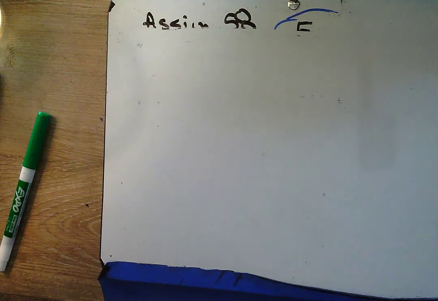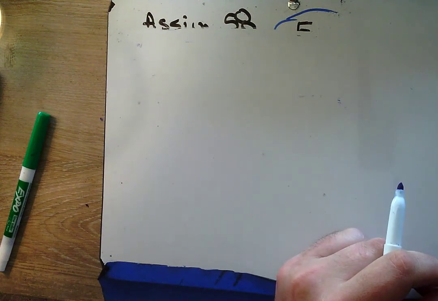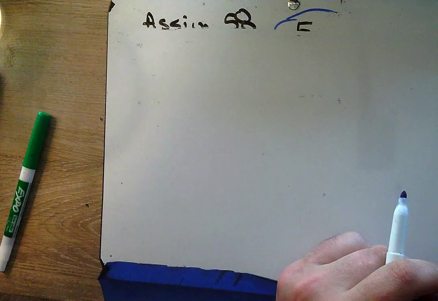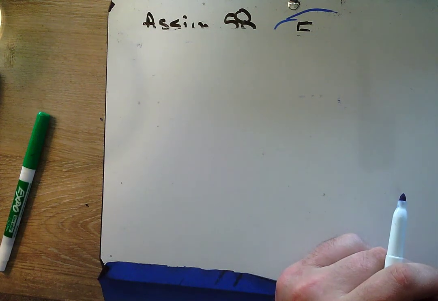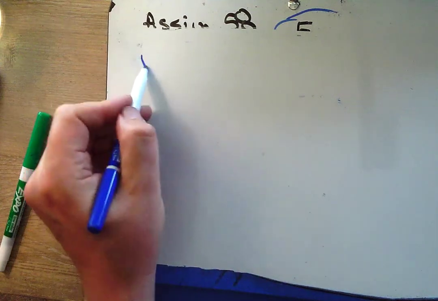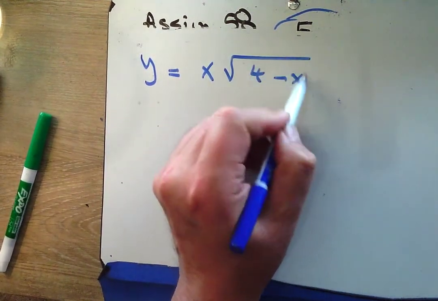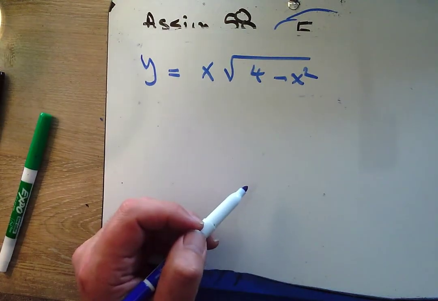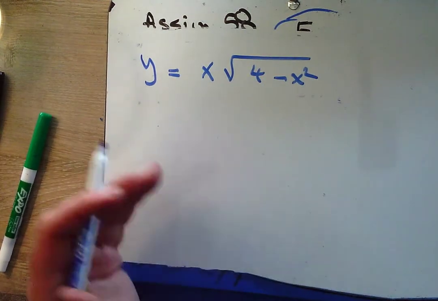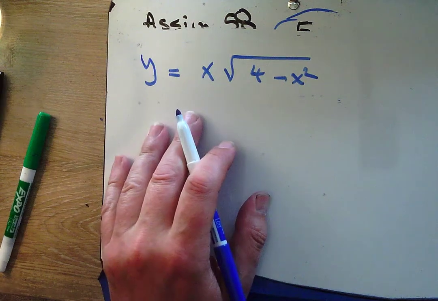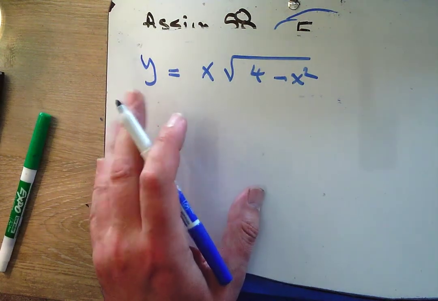Let's see. How about this one? I'm not going to do that, but this one is good for us. Oh my goodness, this is a great test question. 4 minus x squared. All right, mins and maxes. Well, before I get to mins and maxes, I want to think for a minute.